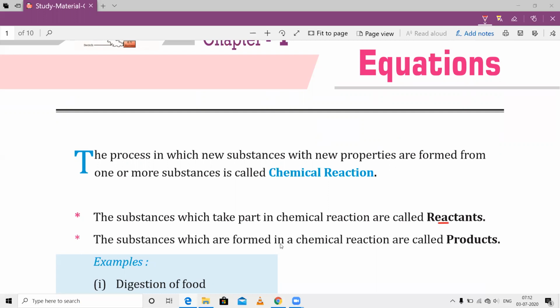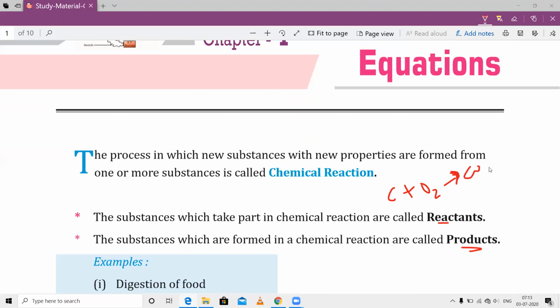And the substances which are formed in a chemical reaction are called products. तो जैसे फॉर एग्जांपल, आई हैव कार्बन प्लस ऑक्सीजन, ठीक है, ऑक्सीजन O2 लिखा जाता है, तो आई विल गेट कार्बन डाइऑक्साइड.